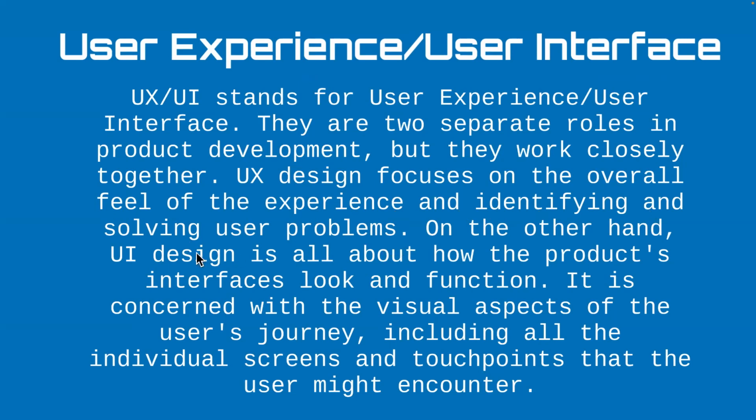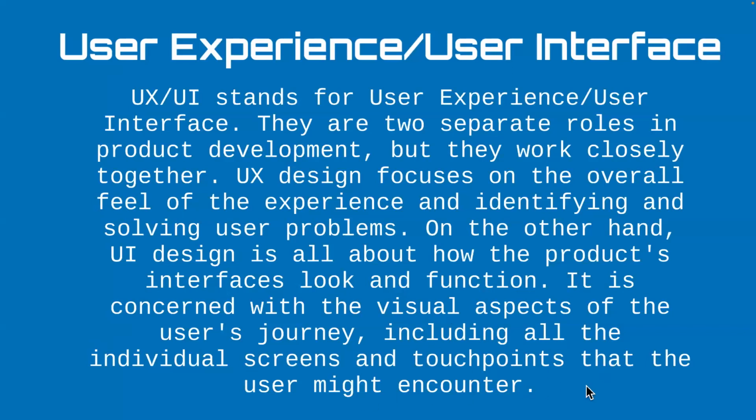On the other hand, UI design is all about how the product's interfaces look and function. So the look of the page is UI. The way that problems are solved on the page is the user experience. It is concerned with the visual aspect of the user's journey, including all the individual screens and touch points that the user might encounter.